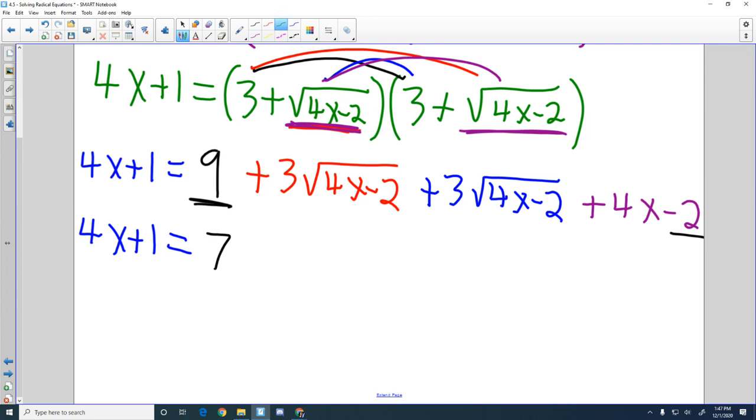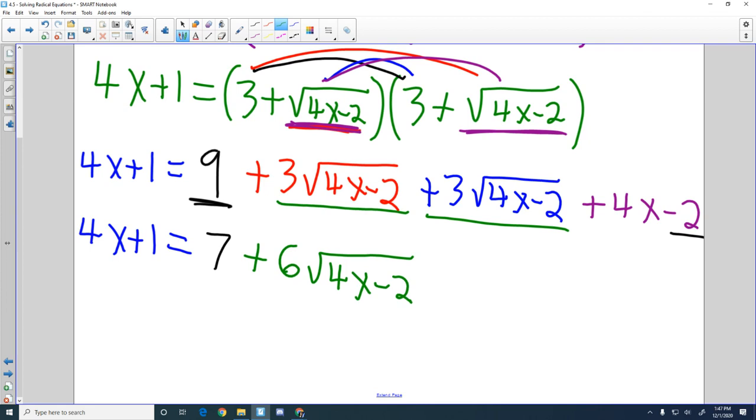All right, next we've got 3 square root of 4x minus 2. Do I have any other square root of 4x minus 2s? Yeah, I'm going to add 3 more of them. So how many of those square roots do we have altogether? 6 of them, right? If I have 3 roots and I add 3 more roots, we have a total of 6 roots. Now the roots are still the same.